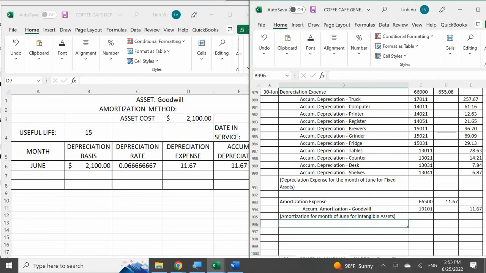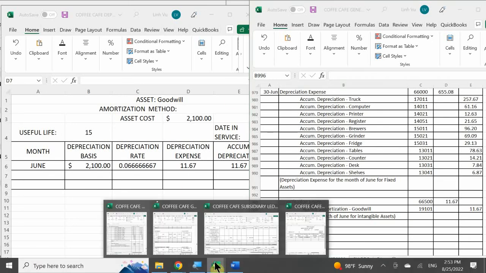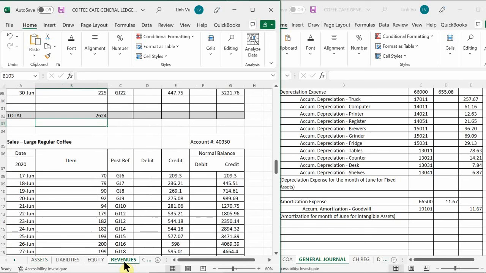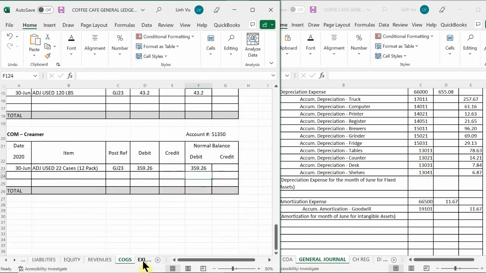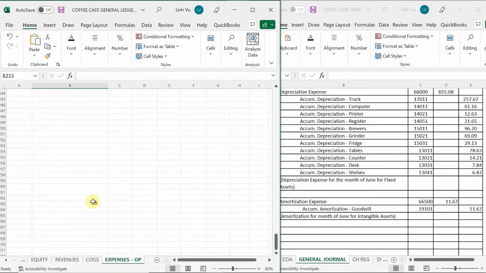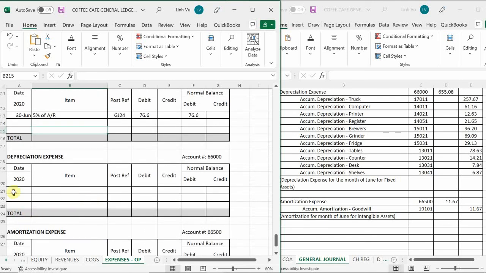Okay. Okay, so now we plug our numbers into our ledger. Okay. Starting with our operating expenses. So operating expenses, here we are, depreciation expense.